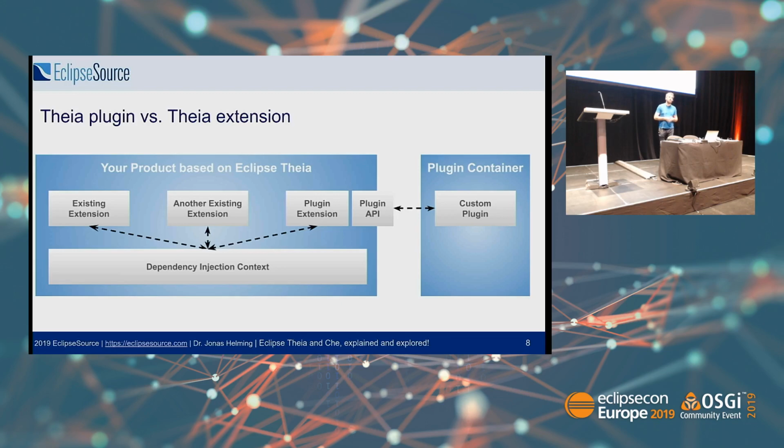And also with extensions, it was not easy to deploy them at runtime, let's phrase it like that. To solve this problem, the Theia team invented a second extension mechanism, called a plugin. The idea is there's one extension that you can install, called the plugin extension.